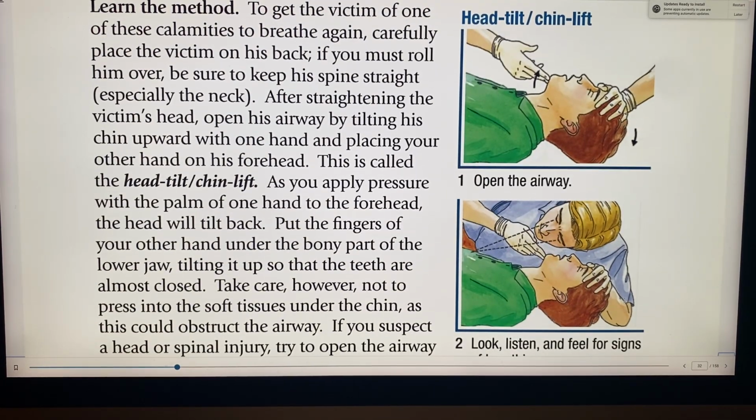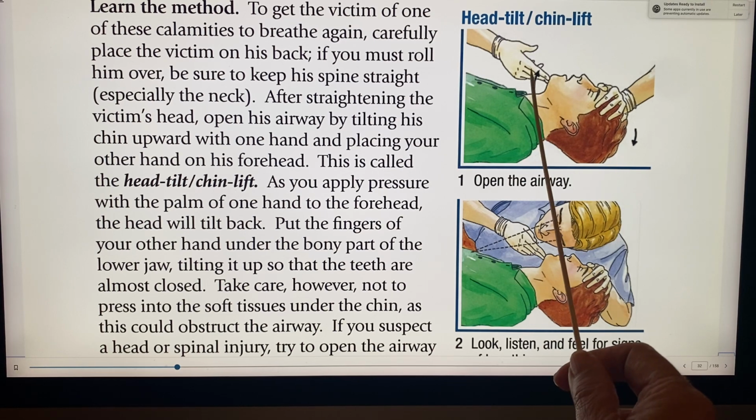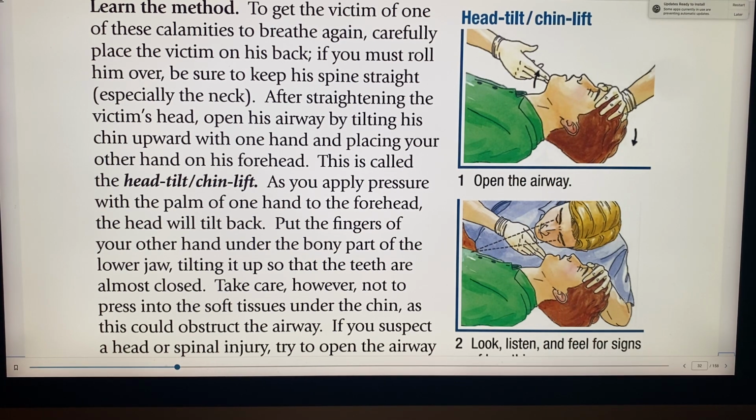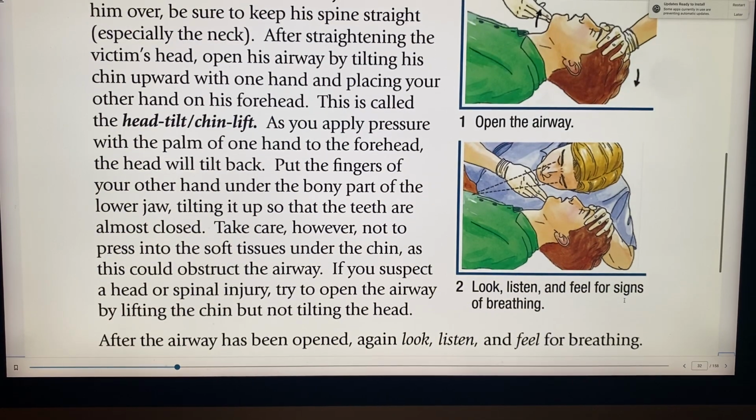You're going to lift with very small pressure here, tilting their head back, and then just two fingers on their chin. So this is the head tilt, chin lift. Finger up right under that bony part of the chin. And then you're going to look, listen, and feel for signs of breathing. That's the picture we have there.